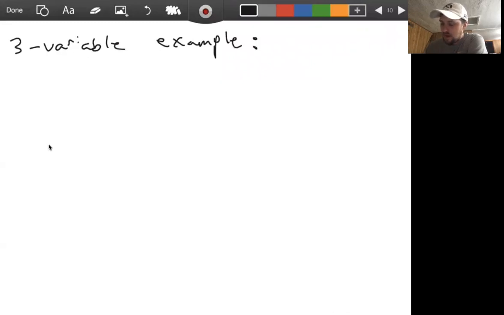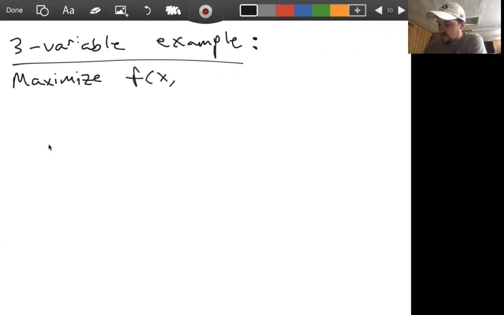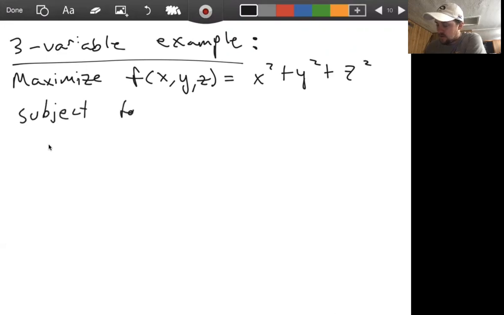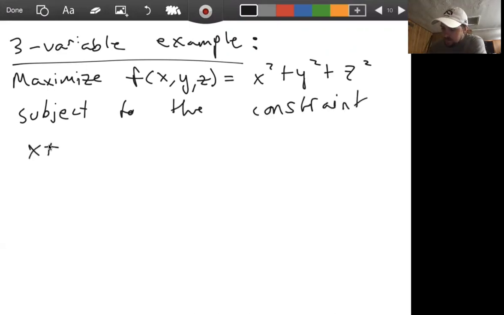What if we wanted to maximize, let's say, f of x, y, z equals x squared plus y squared plus z squared, subject to the constraint x plus y plus z equals 1, okay?